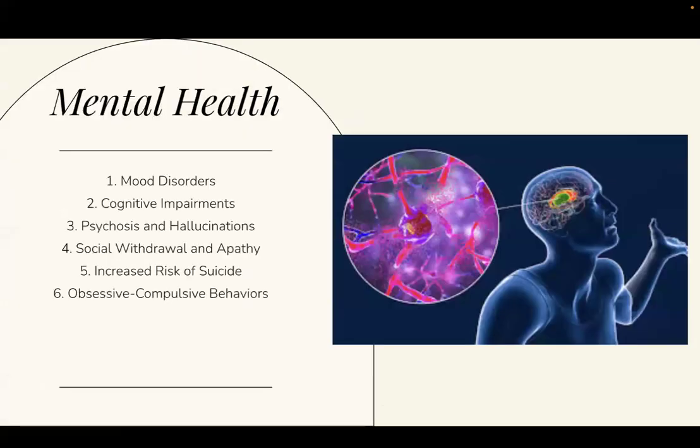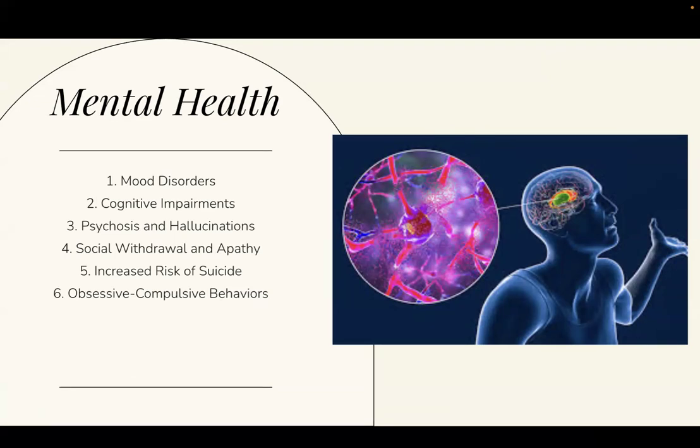Now, what I was really interested in when researching this topic was how Huntington's disease affects one's mental health, because I feel like these diseases that we talked about in class are very physical, like you can see the physical signs more easily and they're more talked about and tested.